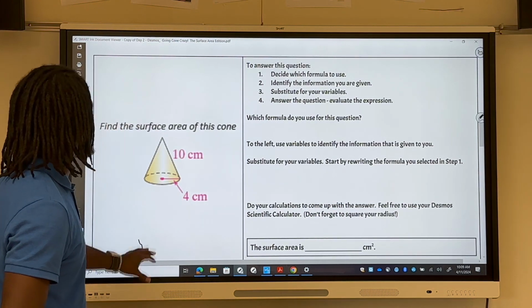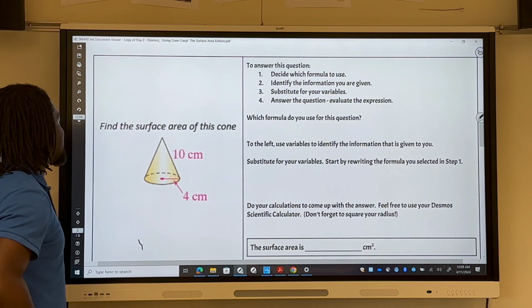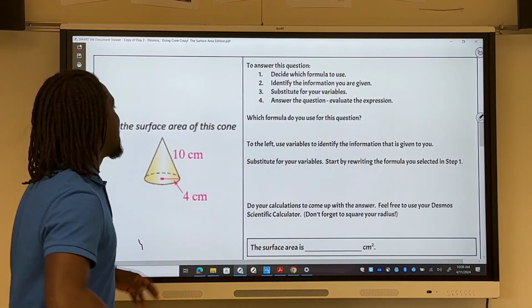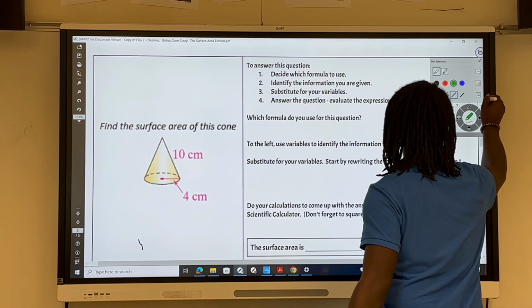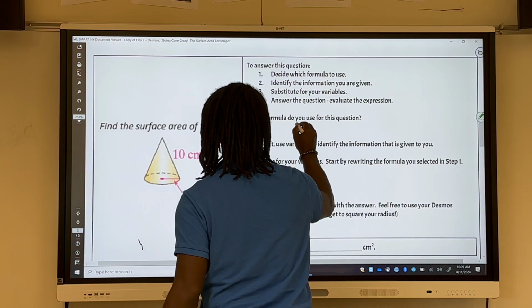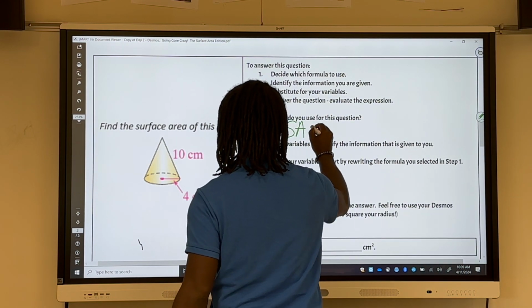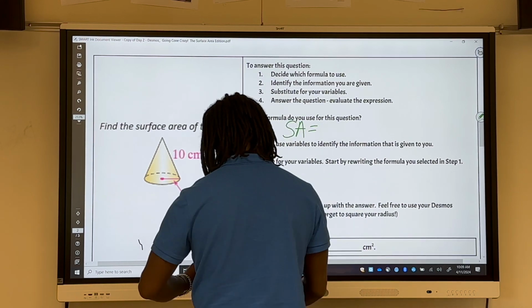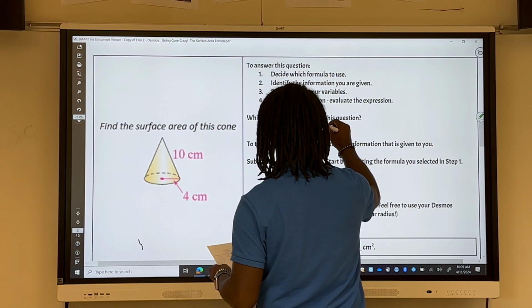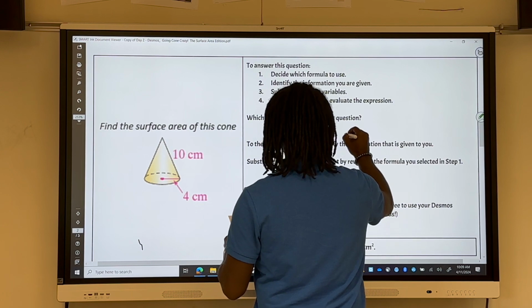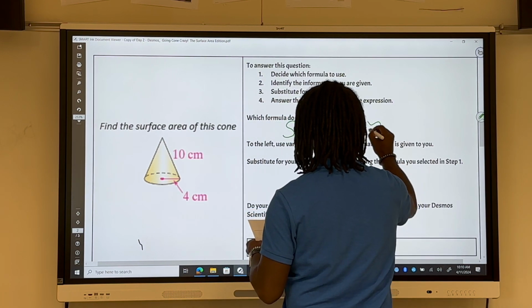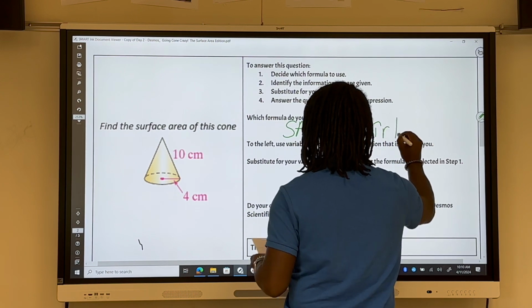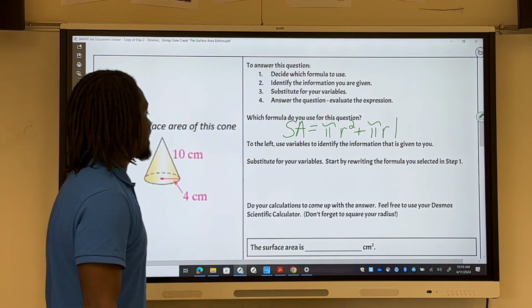So we're going to start by, the question says find the surface area of this cone. I'm going to start by writing the formula that I need for a cone. So the surface area of a cone, the formula is pi r squared plus pi r times L, okay, times the slant height, all right?